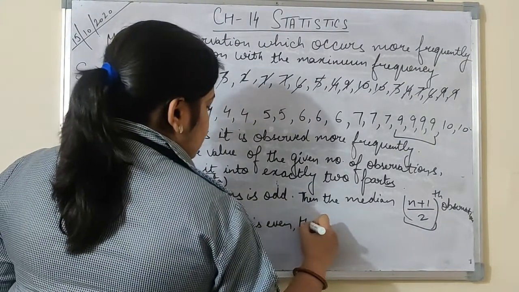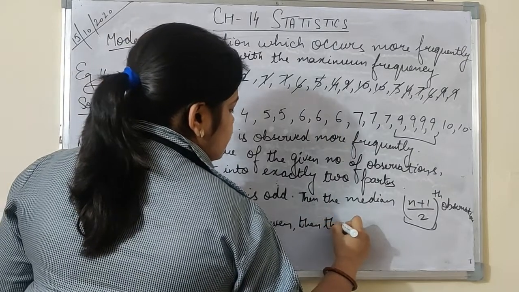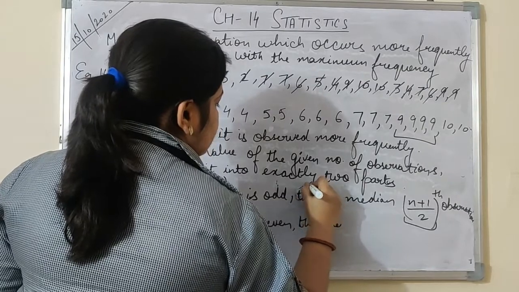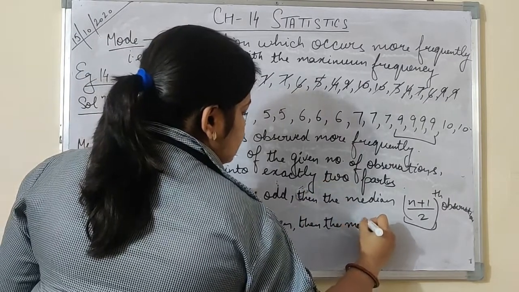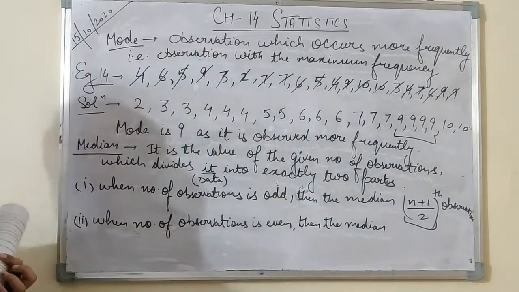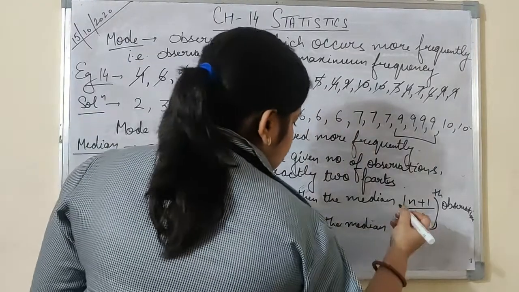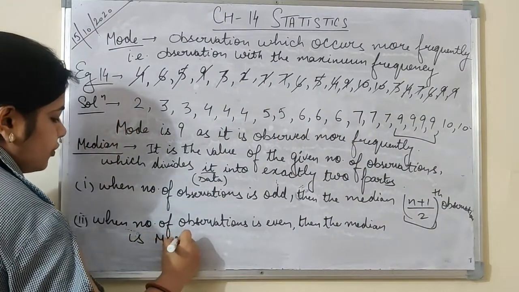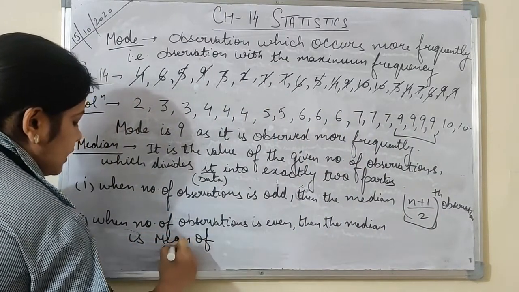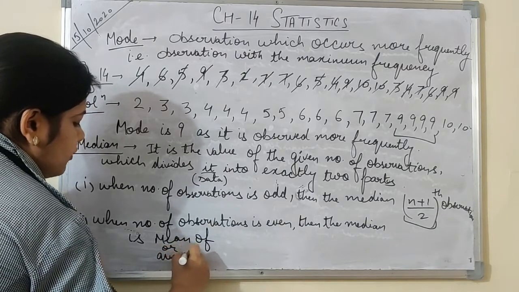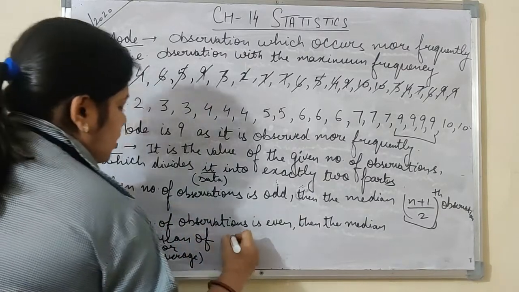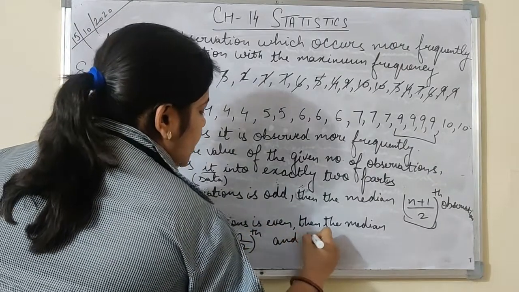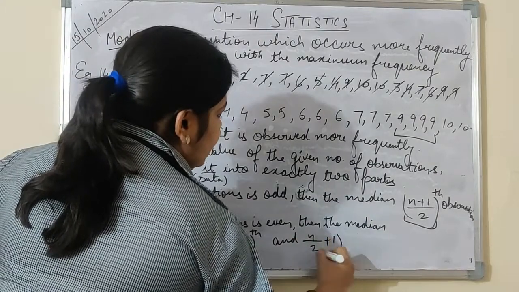Then the median is, I'm writing over here, the mean, or you can say average, of the n by 2th term and the n by 2 plus 1th term.